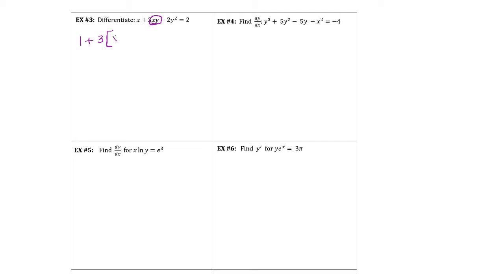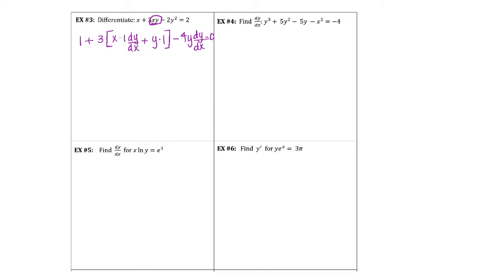So I have first times the derivative of the second, 1 dy/dx, plus the second times the derivative of the first. All right, and then minus, and our derivative here is going to be 4y dy/dx, and all of that equals 0.